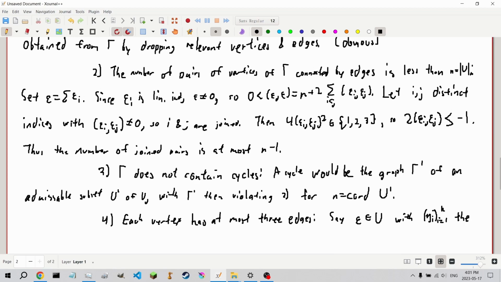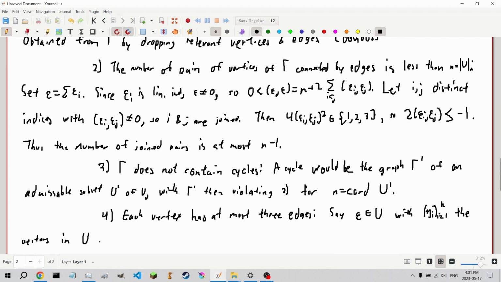The vectors in U connected to epsilon, i.e. the bracket of epsilon and eta_i is going to be negative, with eta and each epsilon distinct, all distinct.